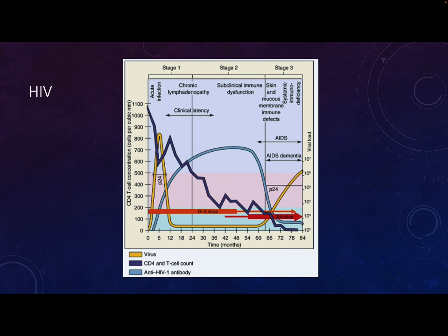And when it has peaked, this is often when patients will experience the flu-like symptoms, that first sign of an infection. But what you see in the light blue is the anti-HIV antibody. So the eventual antibody response is able to tamp down the viral numbers, and you see they decrease significantly.